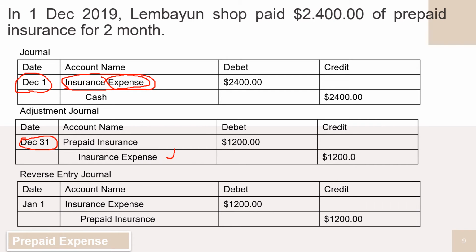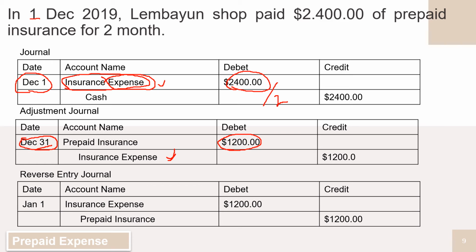Where does $1,200 come from? $2,400 is divided by 2 months, because from 1st December to the end of December is only one month. So we have to do an adjustment journal. Adjustment journals we have learned before, so I don't really have to explain it.